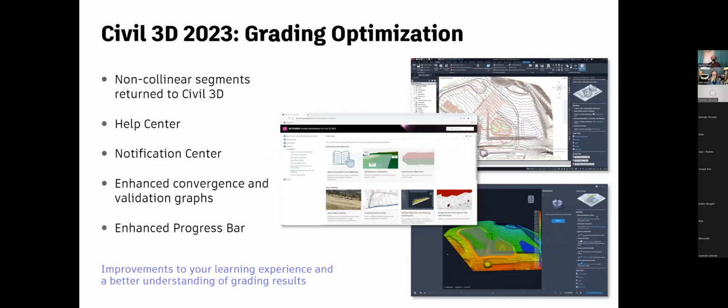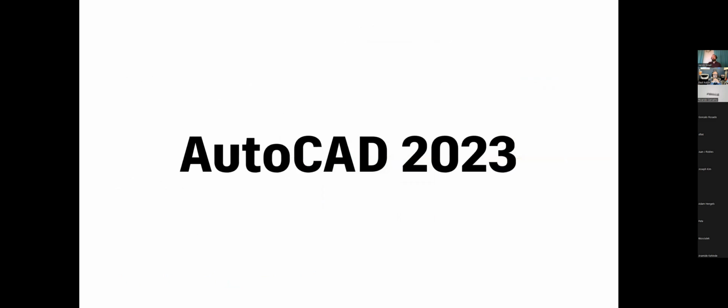It's going to make a lot of our work with sites much easier, between the non-collinear segments returned into Civil 3D, and being able to get your grading done faster and better without having to do the usual: well, how close are those contours really? What does that mean that we're actually changing? Now we've removed some of that guessing game, which oddly enough is a lot of what we're going to talk about once we get a little bit further out today.